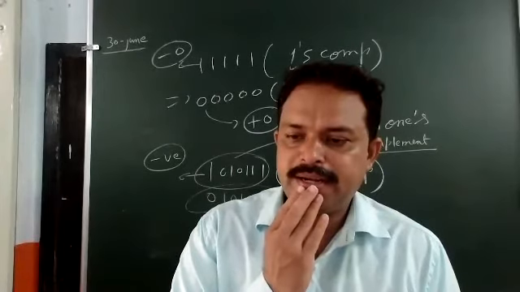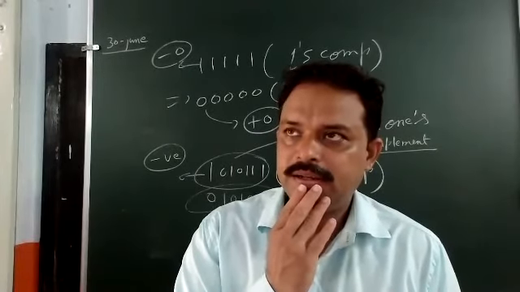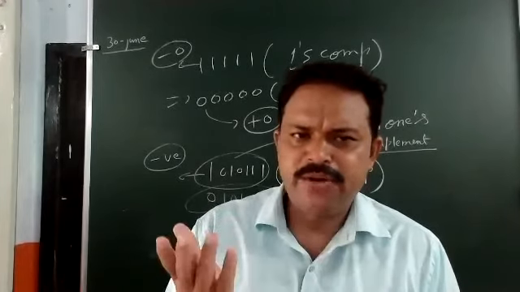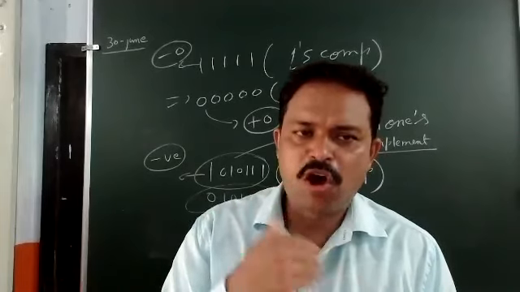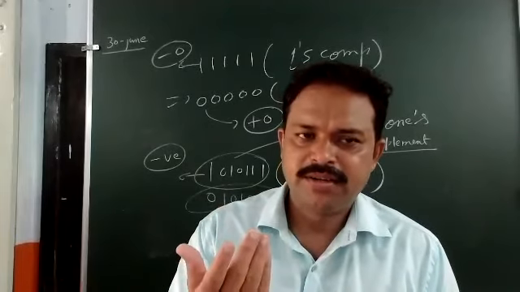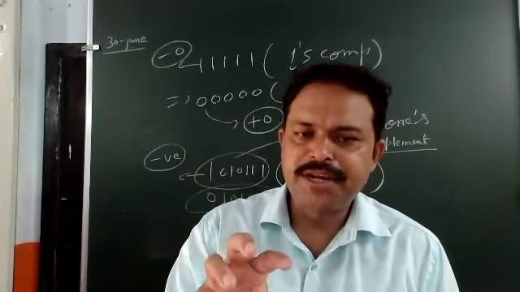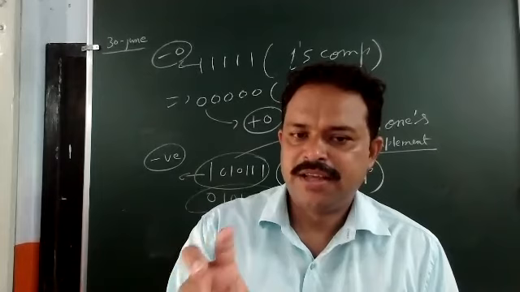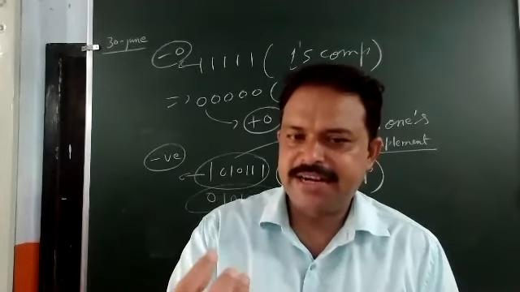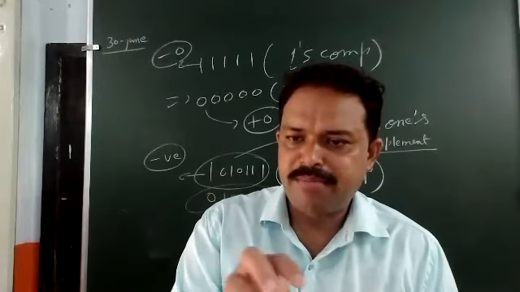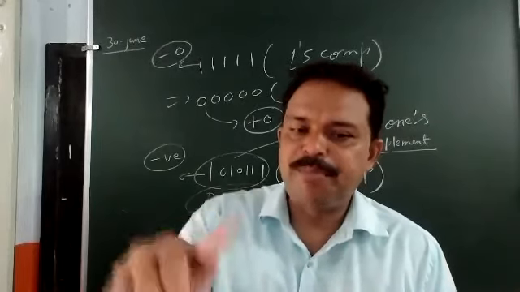How will the computer know whether we are giving the value in binary form or in one's complement? We never give the value in binary form. We always give the value in decimal numbers. We press minus 45, and the computer manages it. That is their duty; we have a circuit diagram for that.